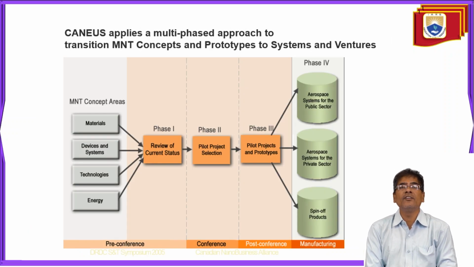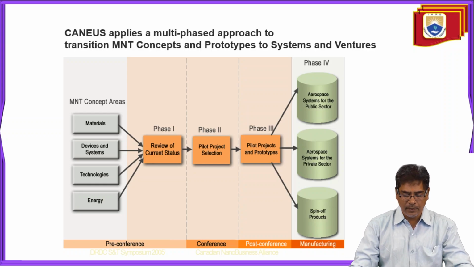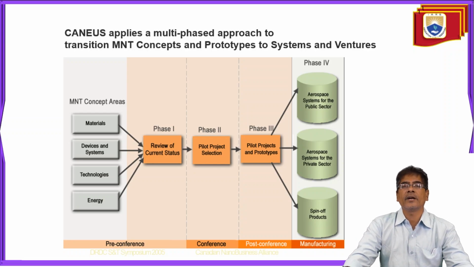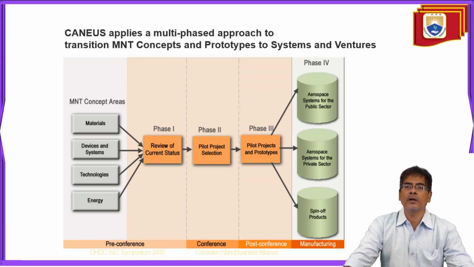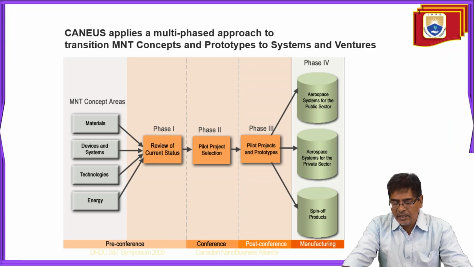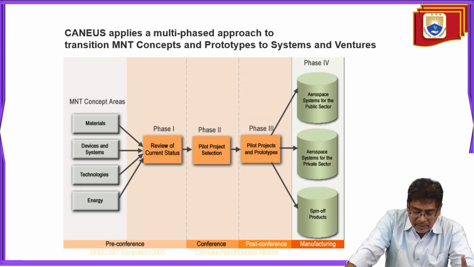As we told, the Canis model applies a multi-phased approach to transition MNT concepts and prototypes to systems and ventures. So we have different phases like phase 1, phase 2, phase 3, and a review of current status. Phase 2 represents the pilot project selections, and we have pilot projects and prototypes, right? Where we have aerospace systems for the public sector and aerospace systems for the private sector, and spin-off products, where the materials, devices, systems, and technology energies come in.